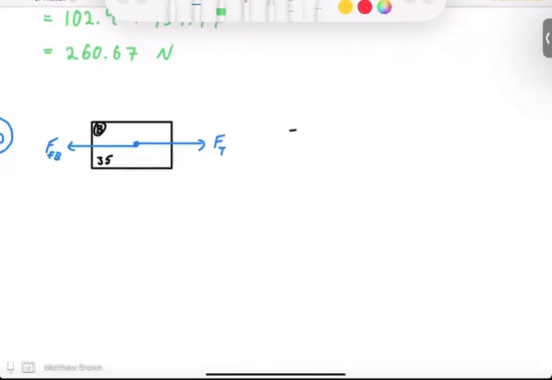I can say the sum of all the forces in the X direction for block B is equal to MA. So that means the force of tension minus the force of friction on this block must equal the mass of this block, which is 35, times the acceleration of this block. Now, the acceleration of this block is the same as the entire system, so that's 0.94. And the friction on this block, I think I already figured out.